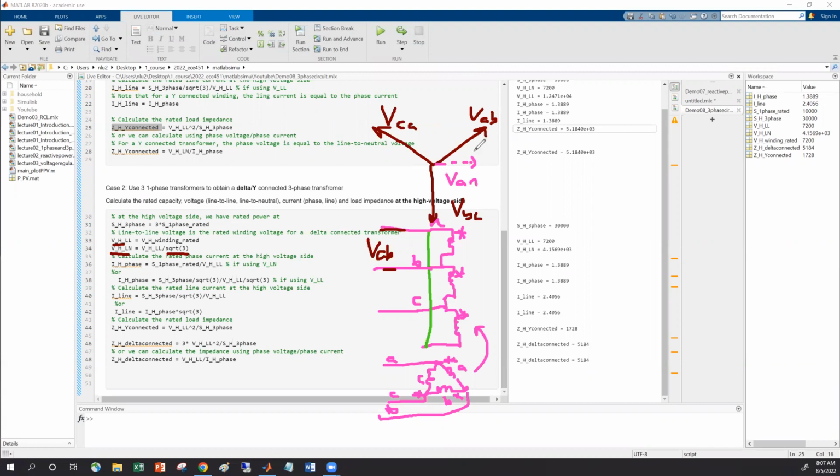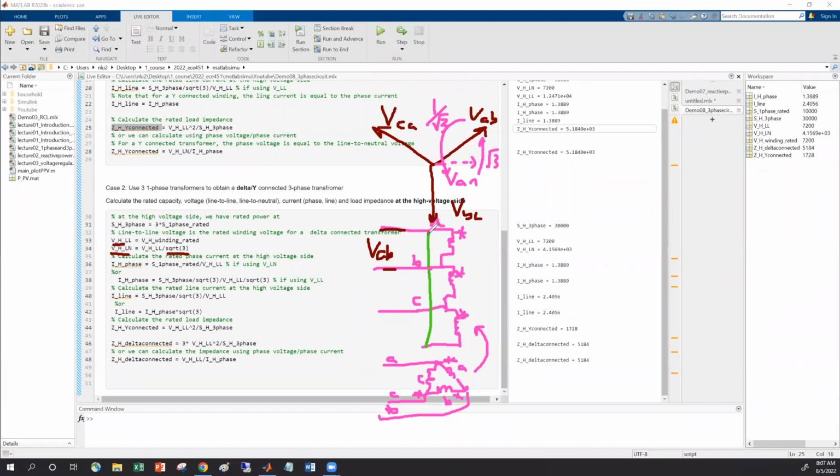You need to divide by square root of 3. So this is here times the square root of 3, but if you use this to compute VAN, you divide it by square root of 3. Okay, so this is how you do that.